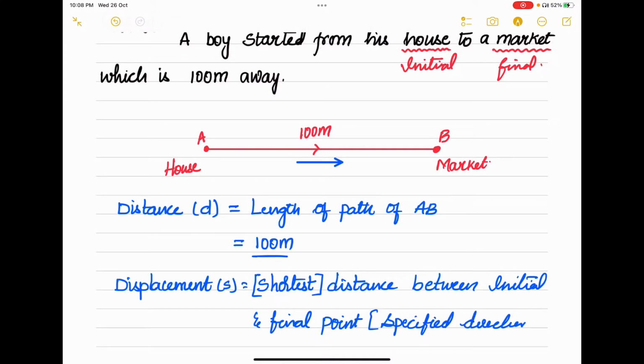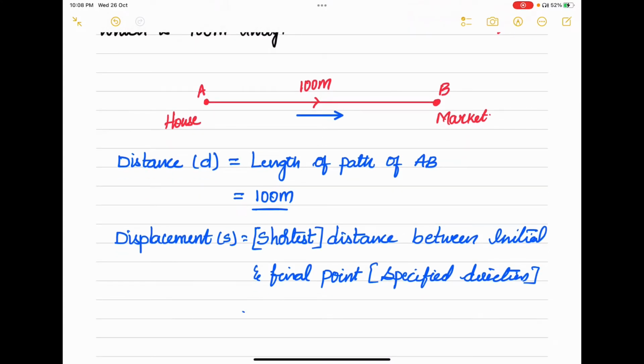So from the figure again we can say that the displacement is also 100 meter, because the direction is unique and there is only one single direction.